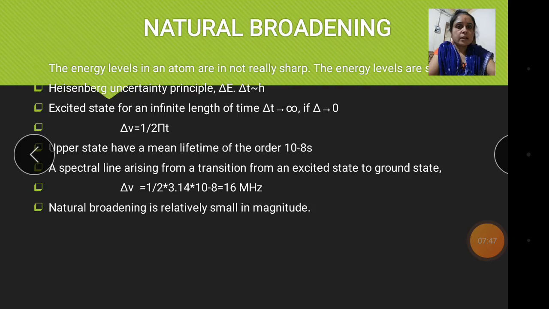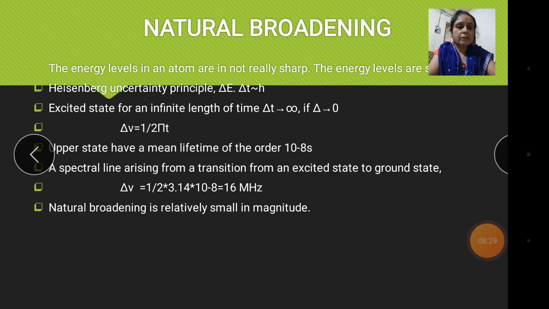In this case the upper state has a mean lifetime of the order of 10 raised to power minus 8 seconds. For the spectral line arising from a transition from an excited state to the ground state, the frequency spread is delta nu = 1/(2 x 3.14 x 10 raised to power minus 8), which gives about 16 MHz.